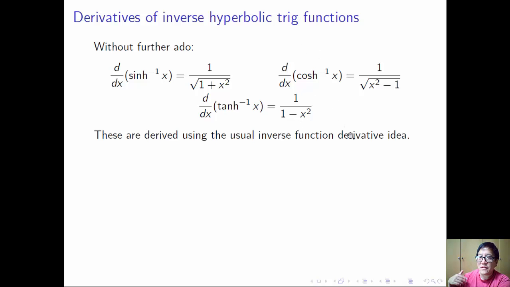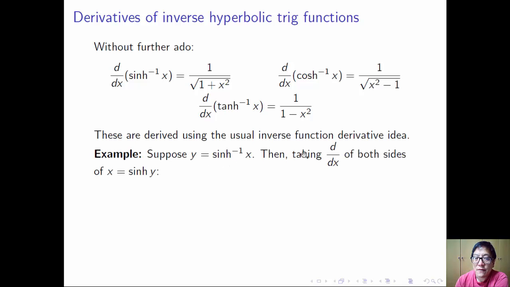These are derived using the usual ideas for deriving the derivative of an inverse function. For example, suppose y equals the inverse sinh of x. Then by definition x is equal to the sinh of y, and if we take the derivative of both sides of x equals sinh y, we get 1 is equal to the cosh of y times dy dx. Remember, the derivative of sinh is cosh.